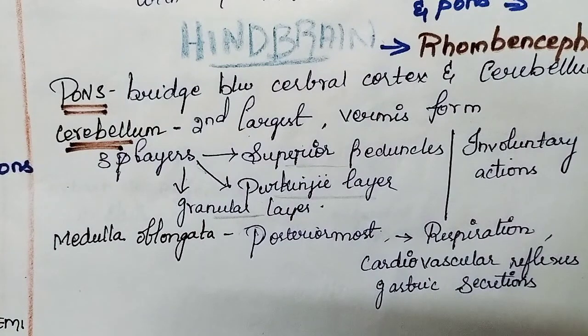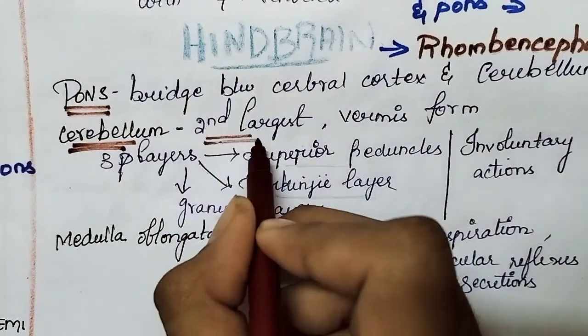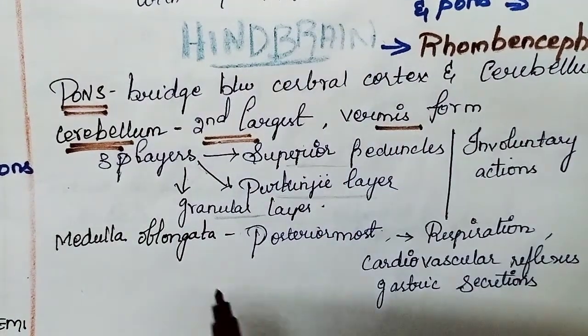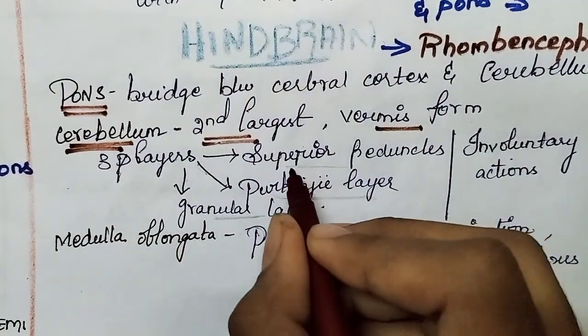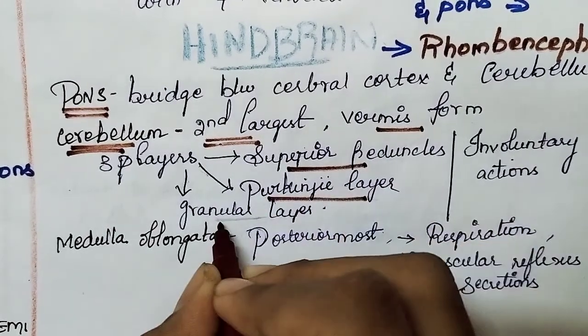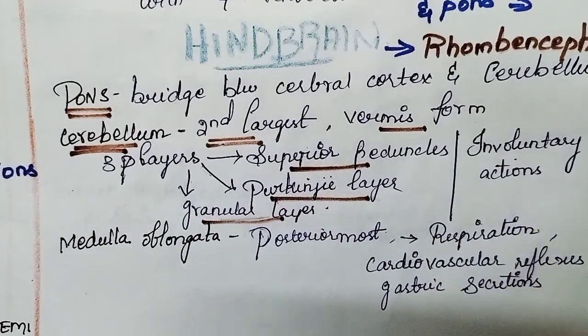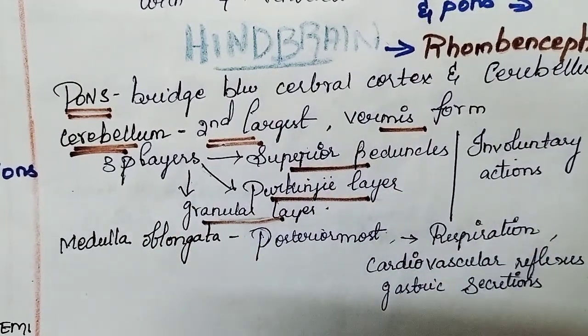The cerebellum acts as a support to the cortex, because it is a space where a large number of extra neurons can be concentrated. It is the second largest part of the brain, and its central part is called the vermis. It has three layers: the superior peduncles, the Purkinje layer, and the granular layer. The Purkinje layer has large cells called Purkinje cells, and the granular cells are smaller than the Purkinje cells and placed on the inner side.